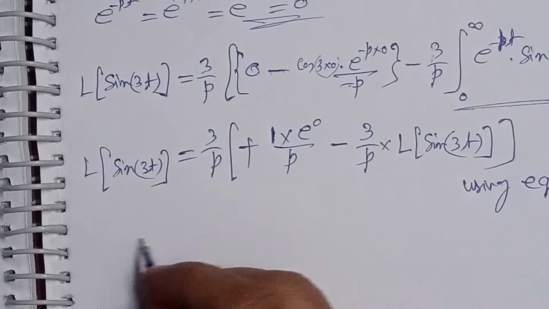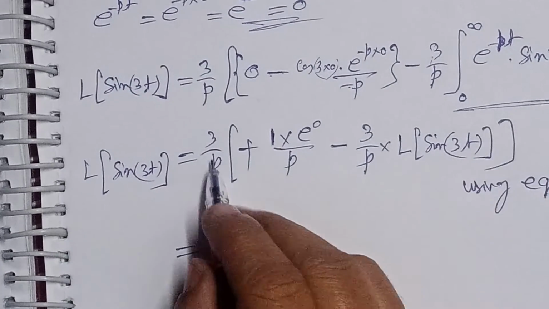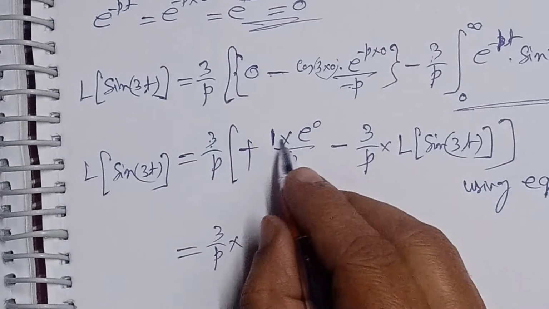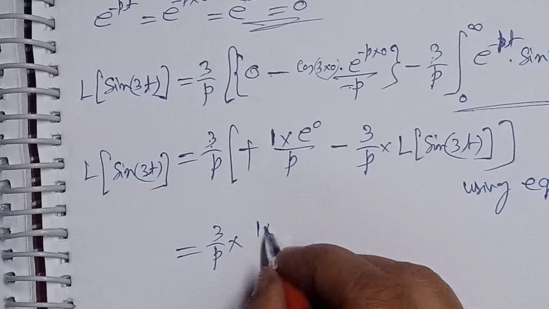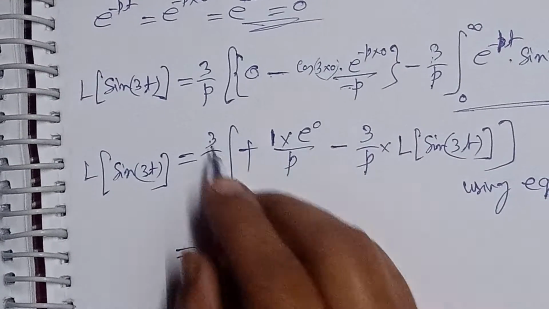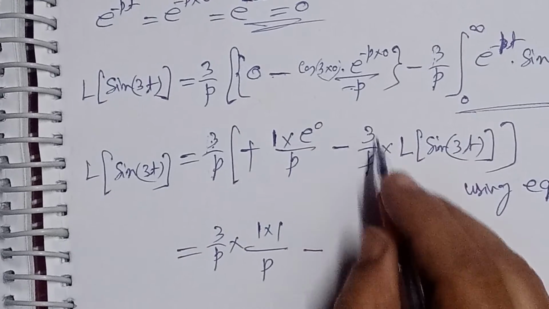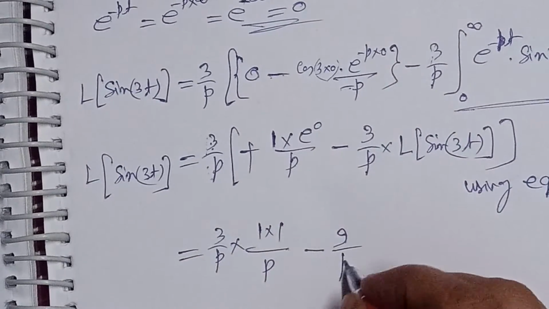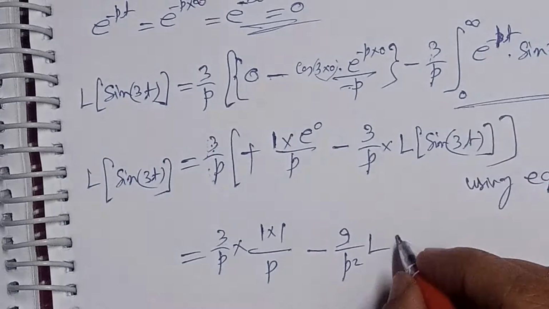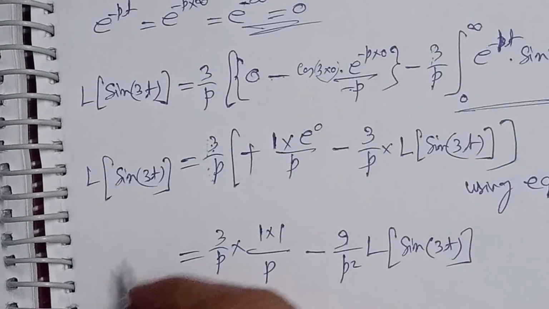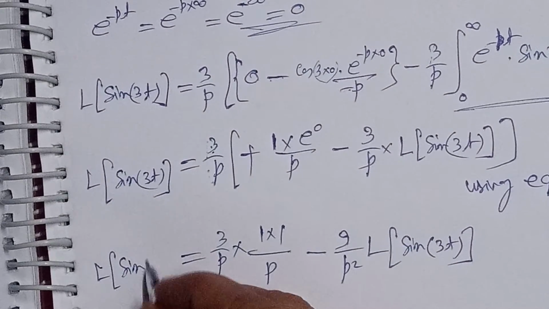On opening this bracket, 3 upon p multiplied by e to the power 0, which is 1, is 1 upon p, minus this multiplied by this becomes 3 multiplied by 3 is 9, and p into p is p square, and Laplace of sin 3t.